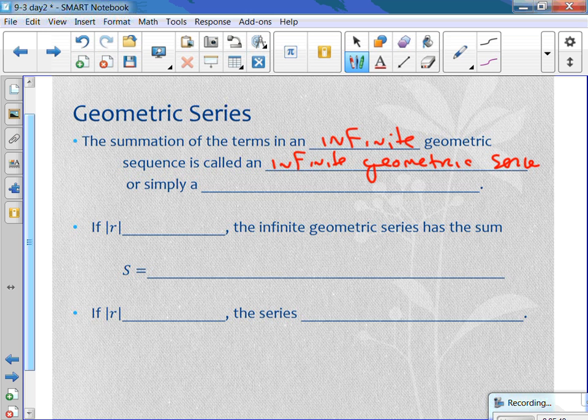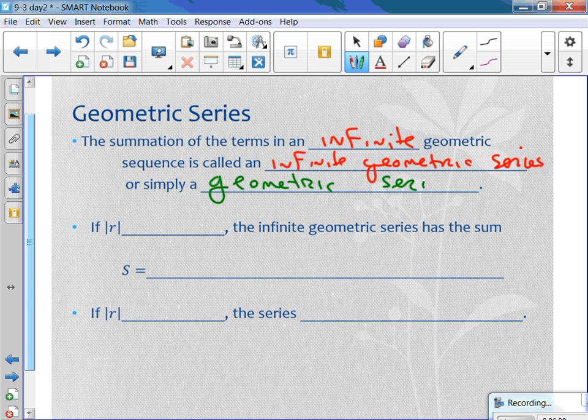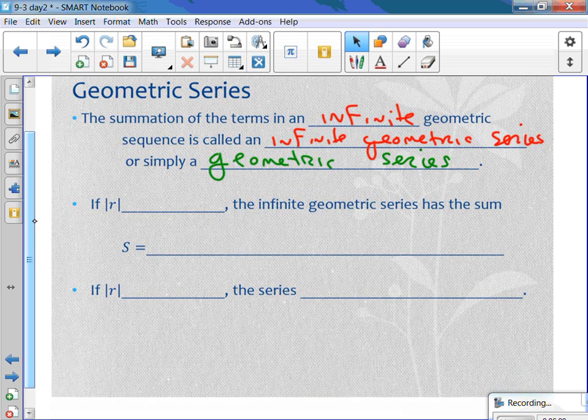Most of the time we don't even say infinite, we just say geometric series. So geometric series is where we're counting up from 1 to infinity. We have an infinite amount of terms.